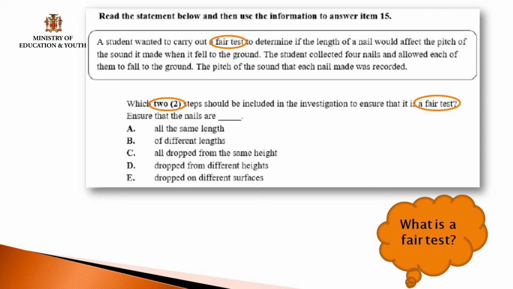The student has collected 4 nails and allowed each of them to fall to the ground, and they then recorded the pitch that each nail made. So the question is asking which 2 steps, so we're looking for 2 answers for this question, should be included to make sure that this is a fair test.